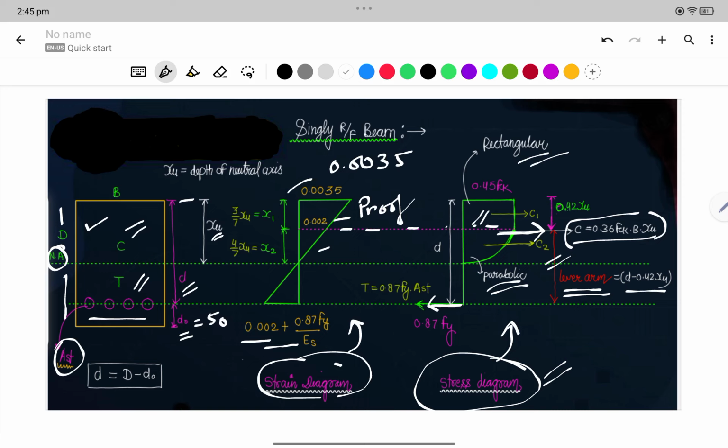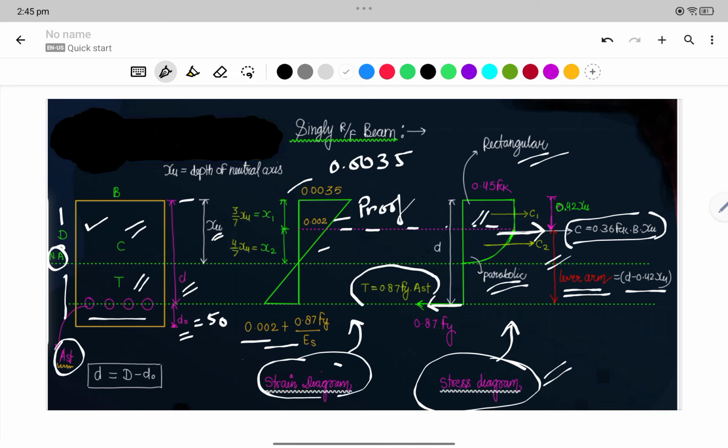So this is the lever arm, this is the compressive force, and the tensile force is given here, 0.87 fy into Ast. This is the tensile force. Okay, so we have to remember these things.